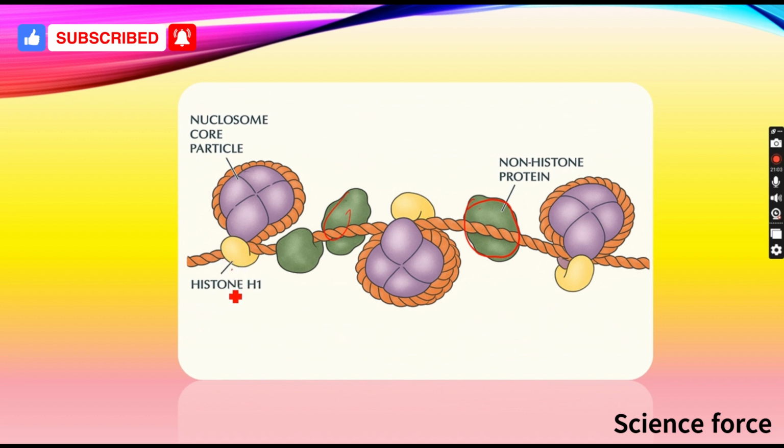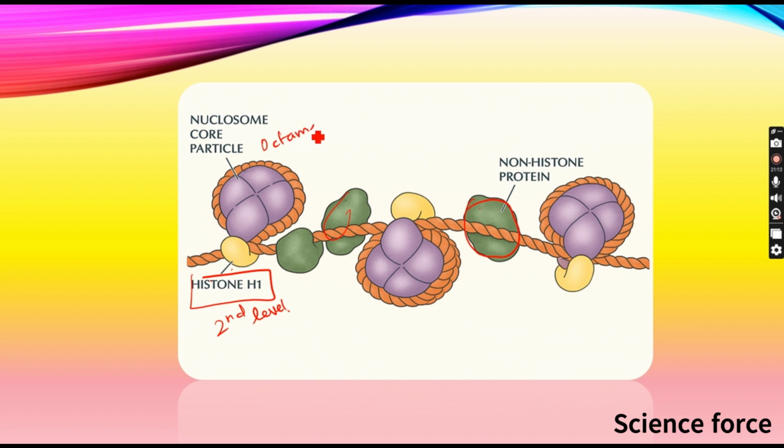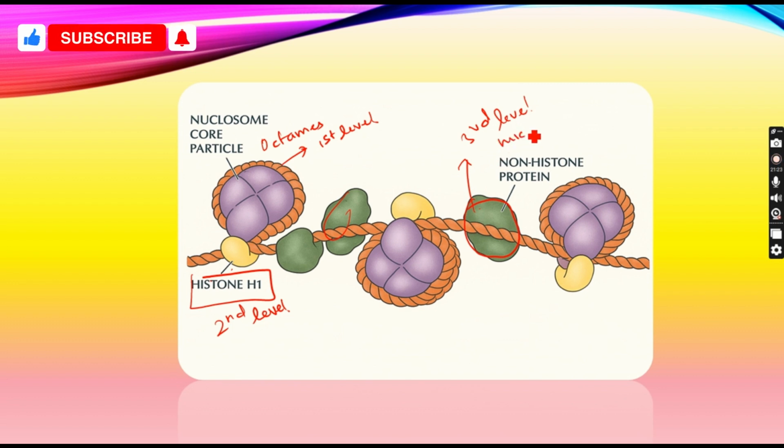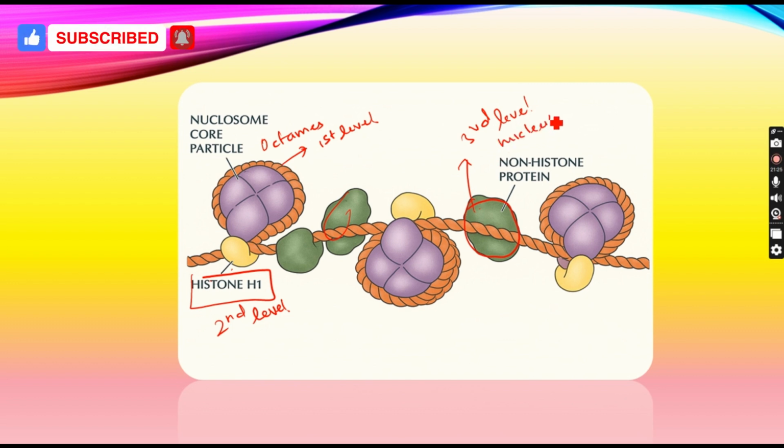After the compaction of DNA by histone 1, which is the second level of organization, H1 histone protein is involved, while the octamer is the first level of organization, and the non-histone proteins are going to form the third level of organization as the nuclear scaffold region. So, these are the linker histones, which are also known as H1 histone protein.